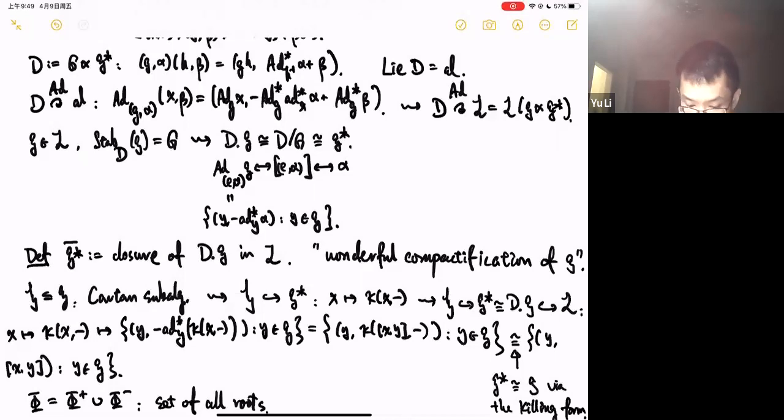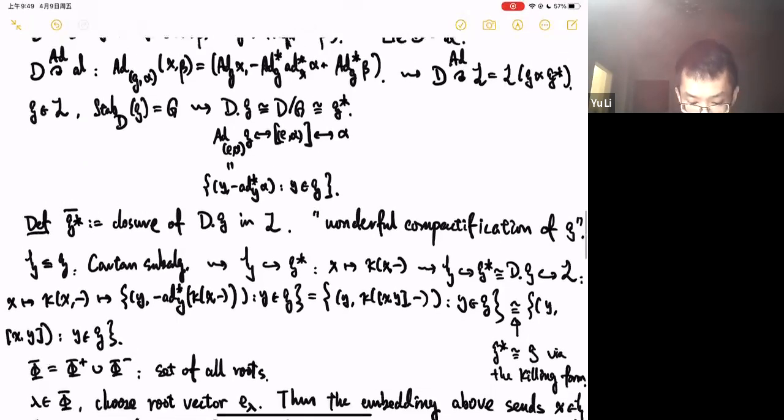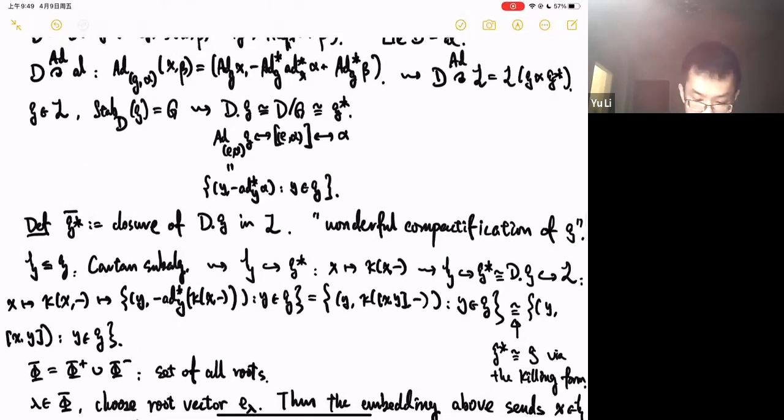So I can identify D mod G with G star. And the map is, alpha goes to the class of (e, alpha), and the corresponding Lagrangian subalgebra is just the adjoint of (e, alpha) acting on g. If you go back to the formula above for the adjoint action, you will see that this Lagrangian subalgebra is this. In other words, if you wish, you can think of this as the graph of the coadjoint action of alpha.